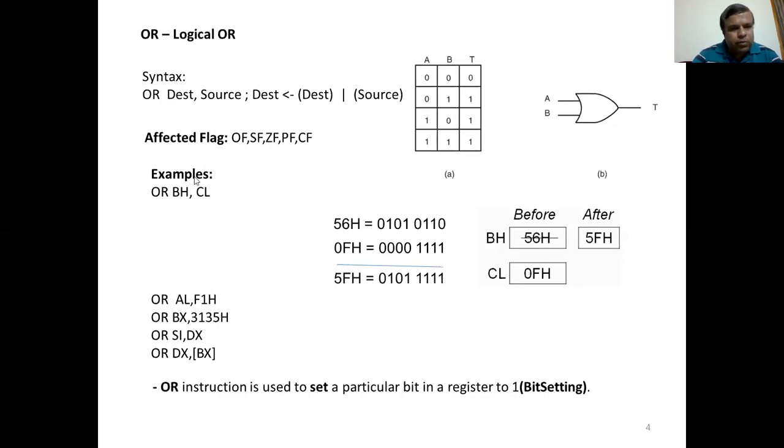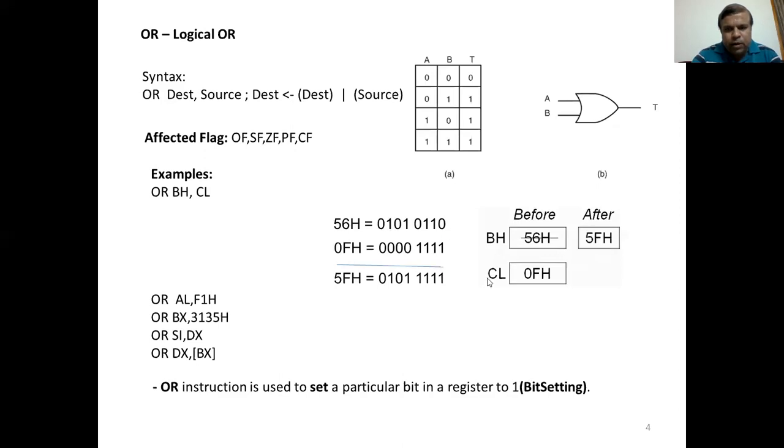So an example is OR BH, CL. A byte stored in the BH register is logically ORed with a byte stored in the CL register. To illustrate, let us assume BH holds 56H, whose binary equivalent is this.